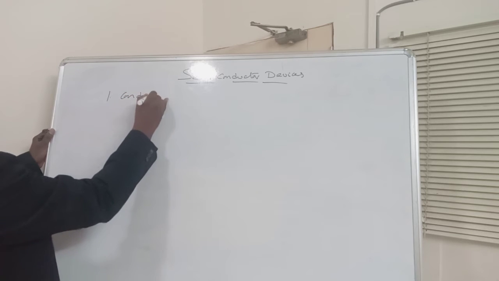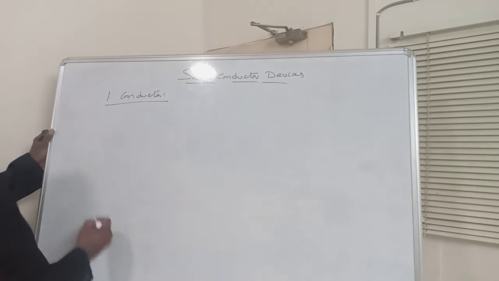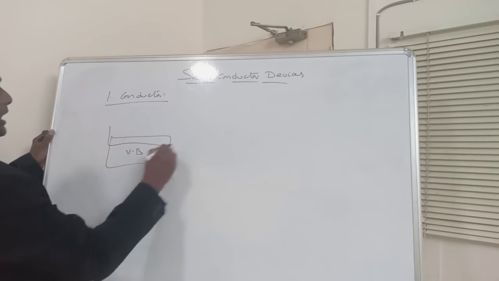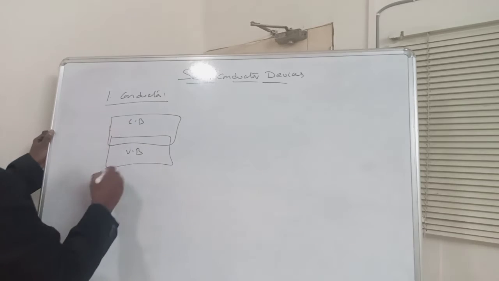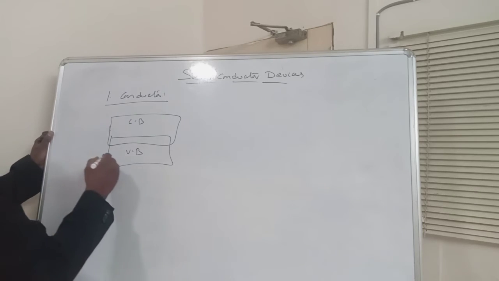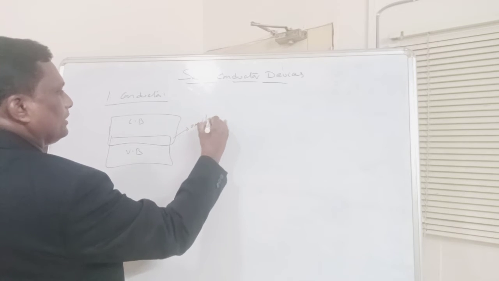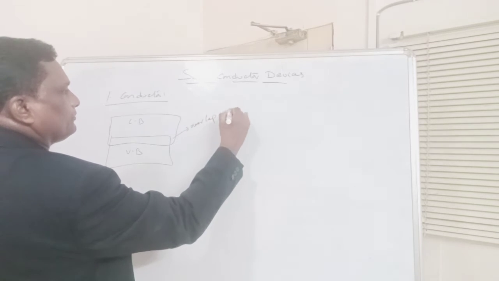In case of conductors, there is no gap between the valency band and conduction band. Suppose this is the valency band and this is the conduction band. Both overlap with each other.